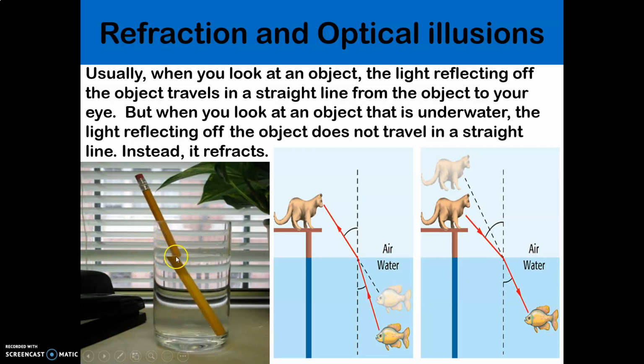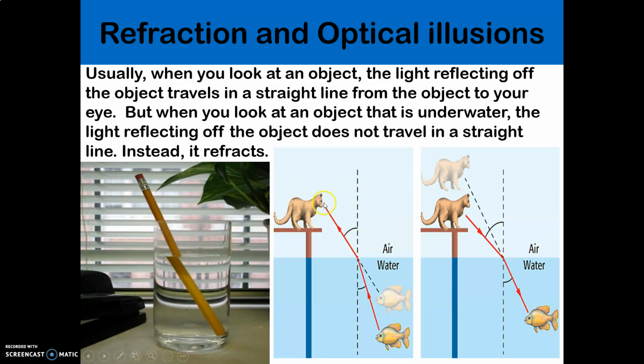You get this kind of funky optical illusion where light is refracting, and it has to do with light hitting the water. When light hits the water, it's coming in and it's actually bending, and that bending is causing us to see the pencil bend. It's almost like it's magnifying it, but then it's kind of pushing it over a little bit. It's a very bizarre thing, but refraction causes many kinds of optical illusions.